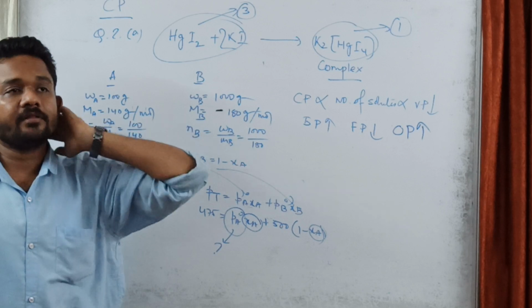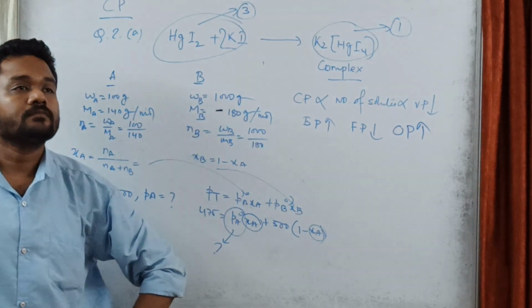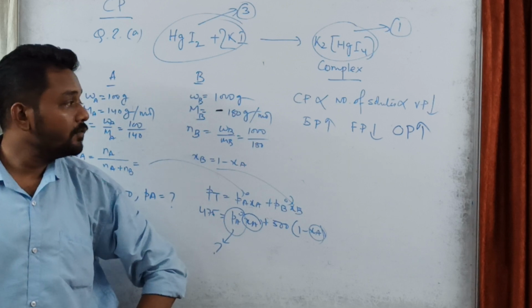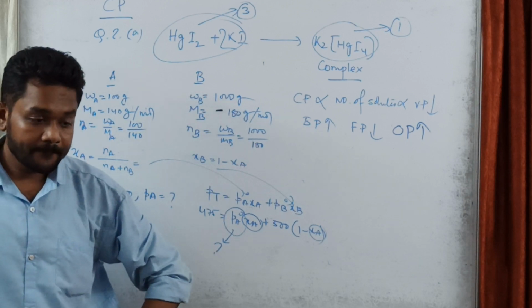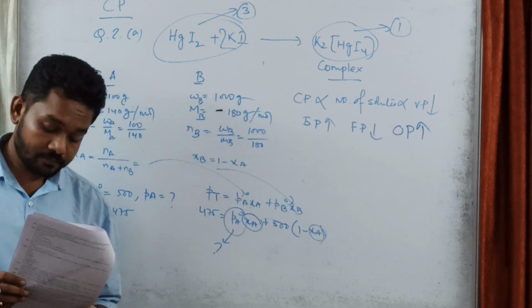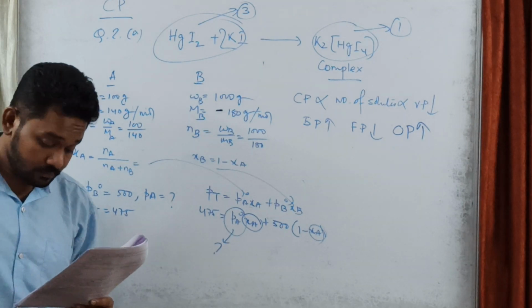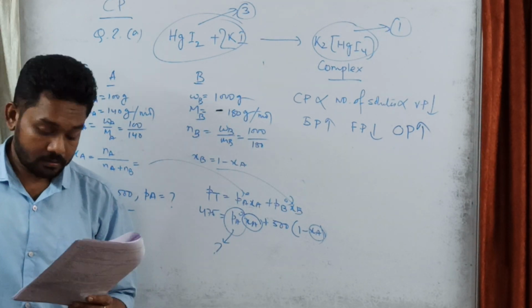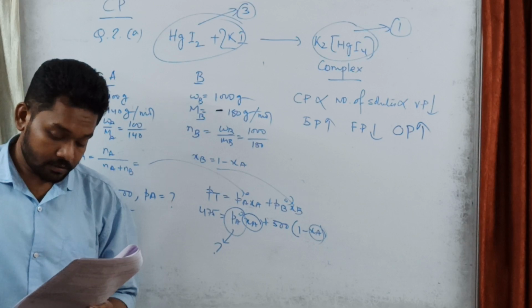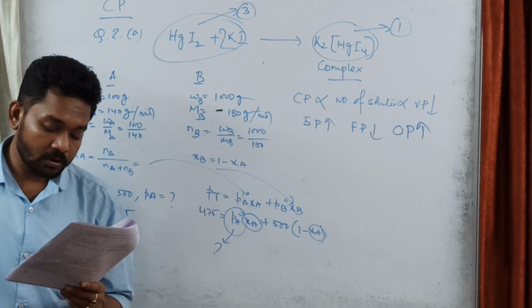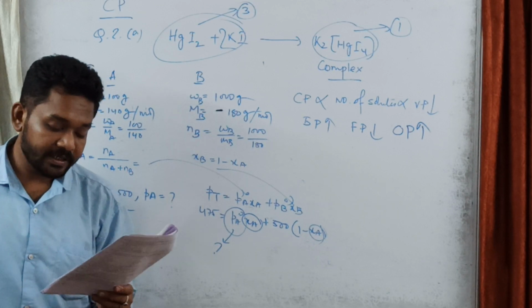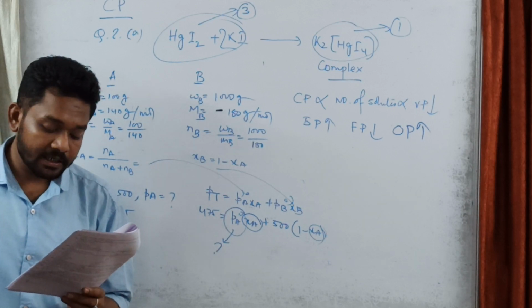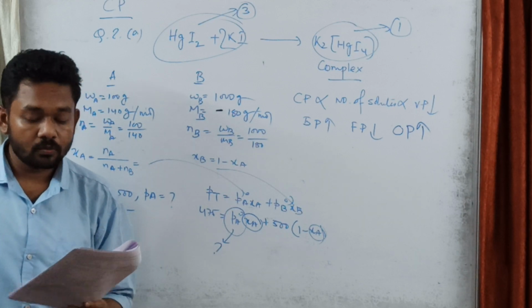So colligative property increases, that is, freezing point decreases. So sprinkling of salt helps in clearing snow-covered roads.